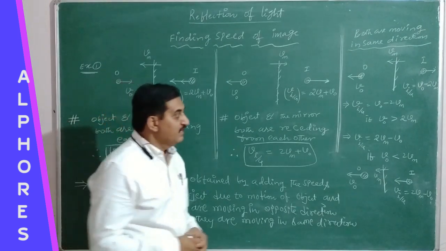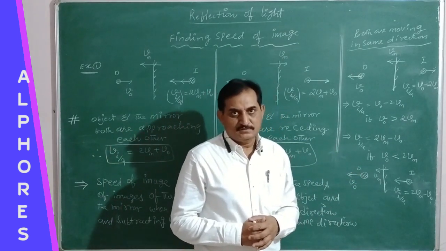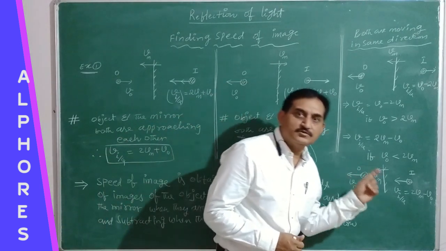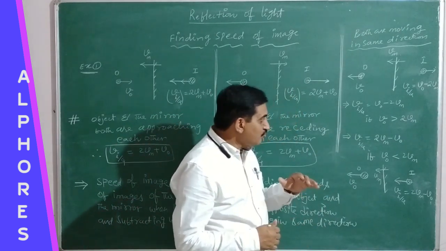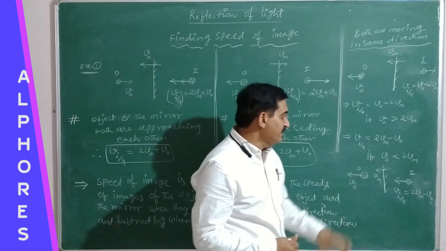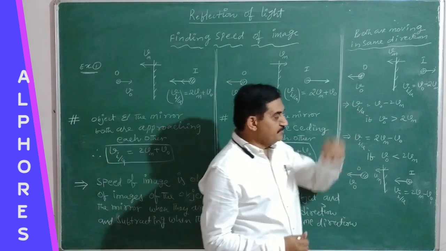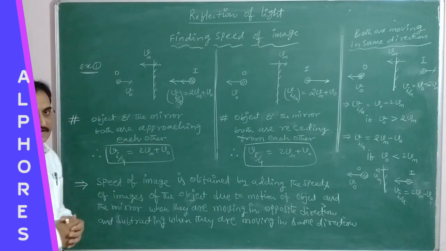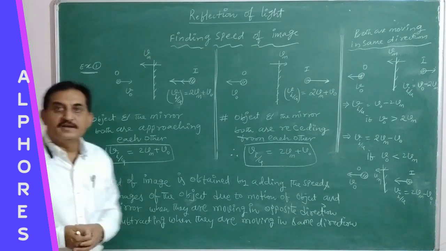In that situation, we subtract the speeds of images due to motion of the object and due to motion of the mirror to get the final speed of the image formed by the plane mirror. So there is no question of whether the object speed is greater than double the speed of the mirror, or less than double the speed of the plane mirror. This is as a whole how we find the speed of the image formed by a plane mirror due to their relative motion.